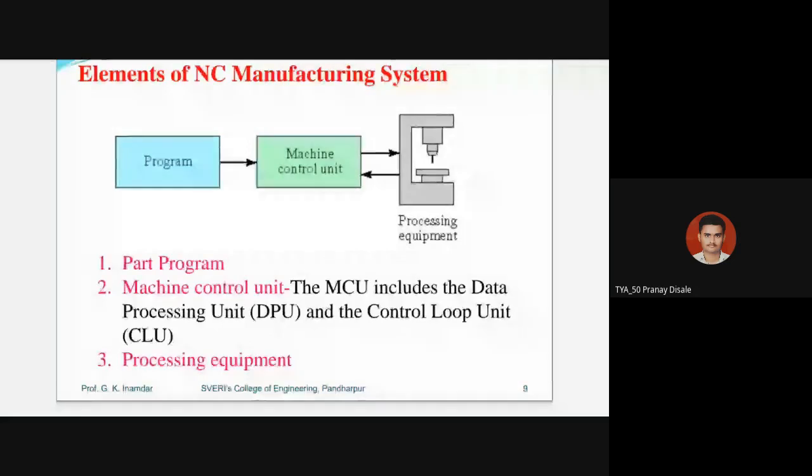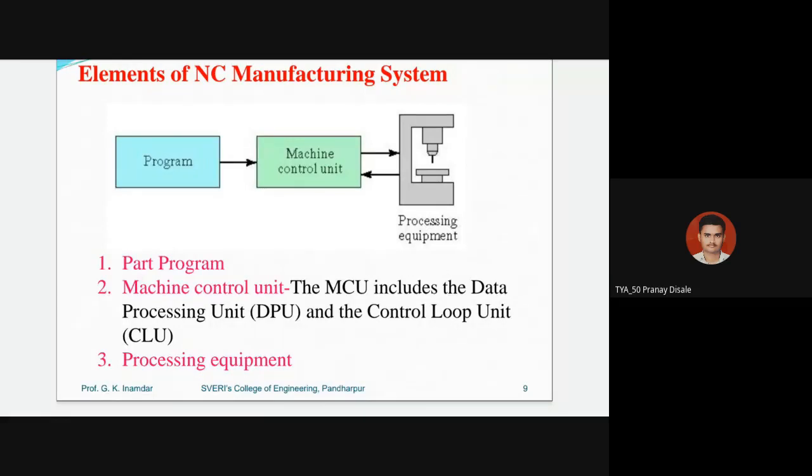According to the logical sequence we have to make that part program, and it will be transferred to the control unit of the machine tool, which performs the series of operations we created in the part program. The NC machine will follow it, because the machine control unit is there, which is nothing but a computer.